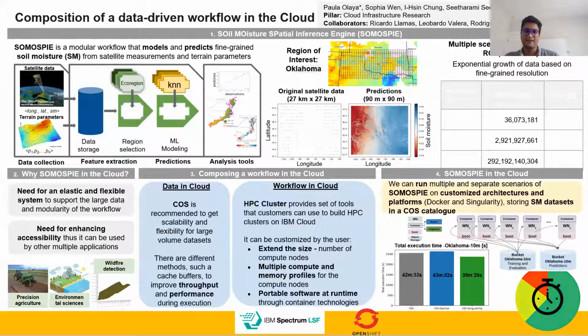Next slide. This is another example, again an AI pipeline, but not on the open source platform, but totally using the IBM Cloud platform. The idea was to predict soil moisture with satellite measurements, and the researcher wanted to see the capability of different types of infrastructure and runtime to finish their AI pipeline.